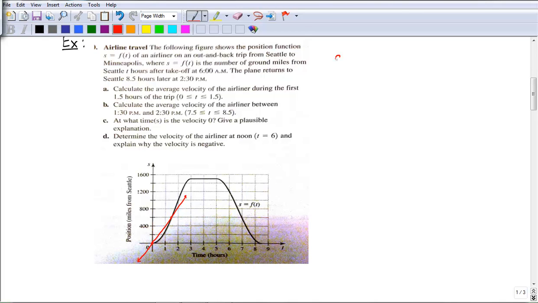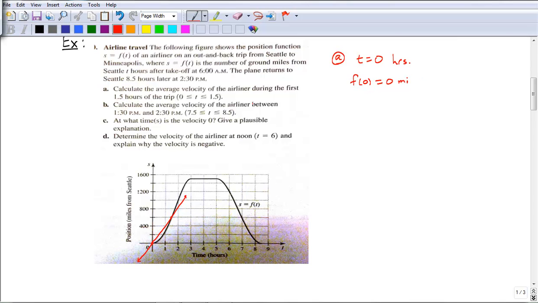So for part A, we have time 0, and we've got to figure out what the position was then. Well, the position function, if you look at time 0, the y value there, the position, is 0. So I start at 0 hours, and the position is 0 miles from Seattle.